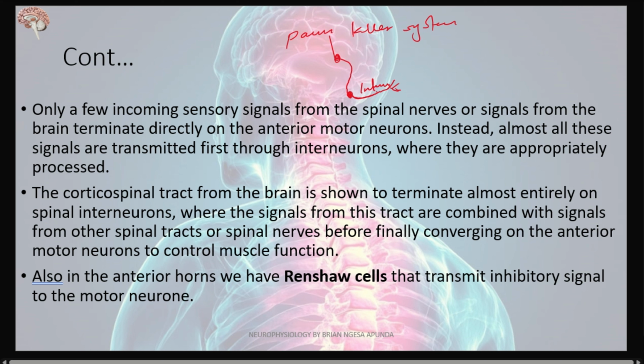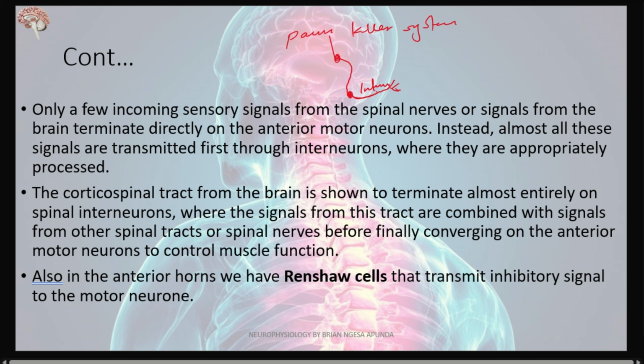So this is just a few of these kinds of arrangements that you expect, but most of the time neurons are likely to join together in the spinal cord using the interneuron. So depending on the type of the interneuron involved, they can either be excitatory or inhibitory, or sometimes just modulatory.